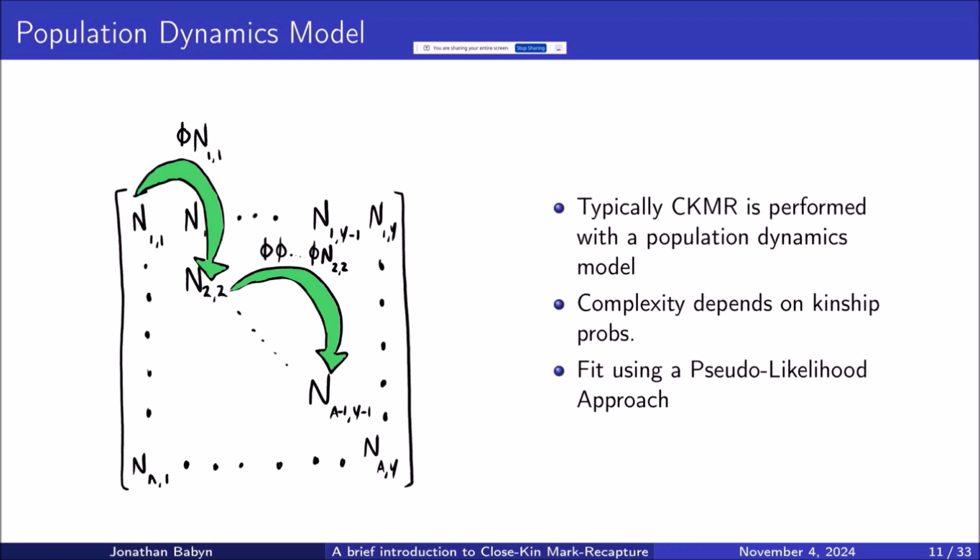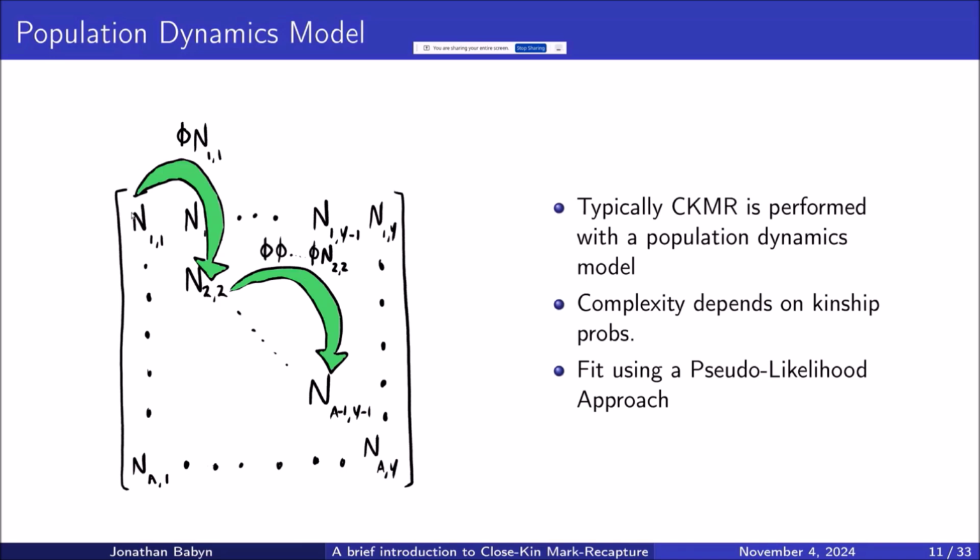Your population dynamics model is going to be tracking all your numbers at age, or all your individuals in the population. It's going to be handling processes like fecundity and survival, and controlling the population to make sure that the numbers are working with the kinship data that you end up providing to the model.